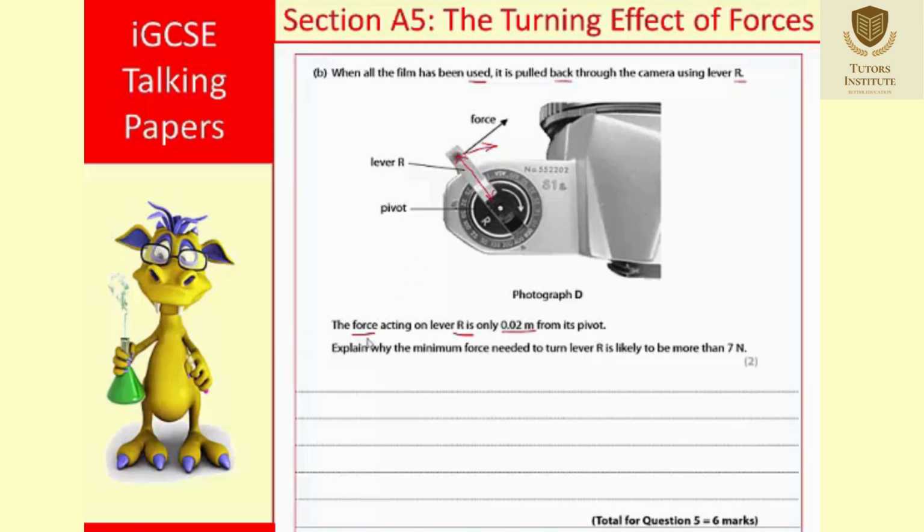So explain why the minimum force needed to turn lever R is likely more than 7 newtons. Assume it's the same moment, but why would the force be more than 7 newtons? So pause the video at this point and see how you get on.